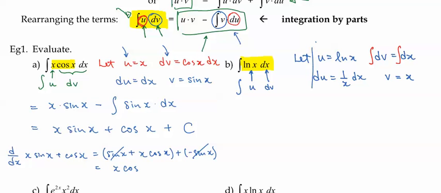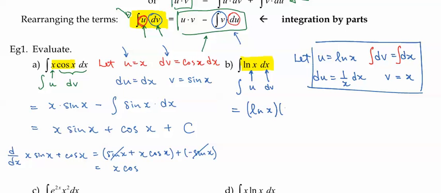Once we have these four things in the box, we can rewrite this into u times v minus the integration of v times du.